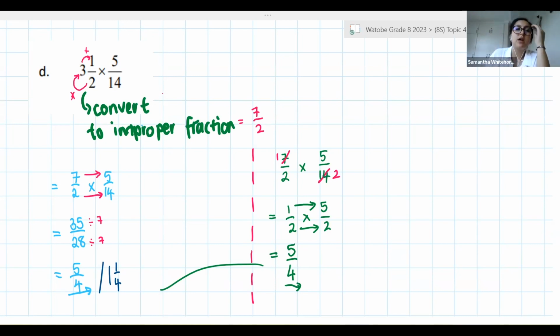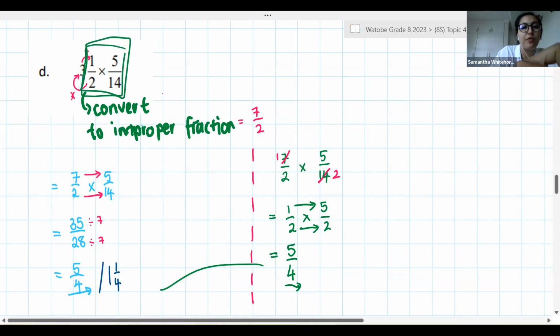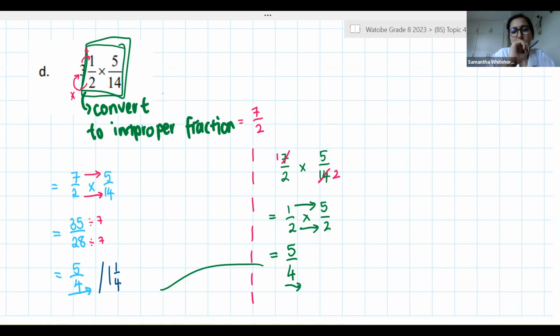So when you say multiply the 1 and 2, do you mean multiply 1/2 and 5/14? No, ma'am, because it's 3, you can say 3/1. Okay. So can you first say 2 times 1 before converting, or do you first have to convert? It is a must for you to convert.